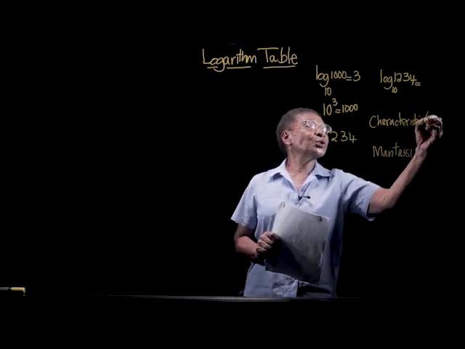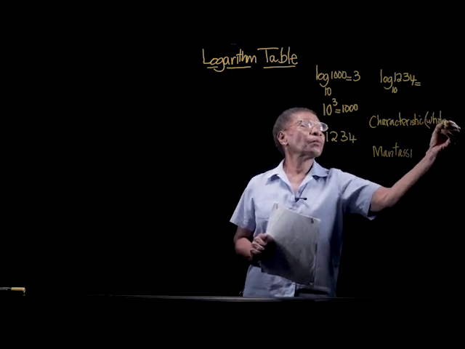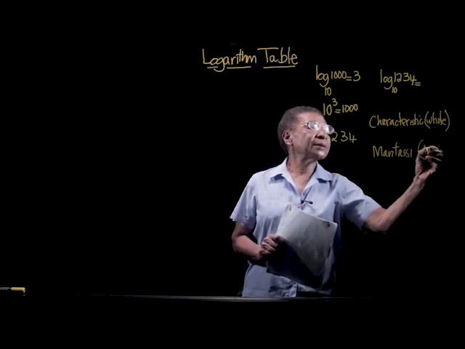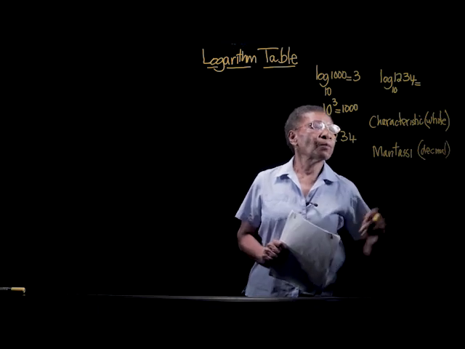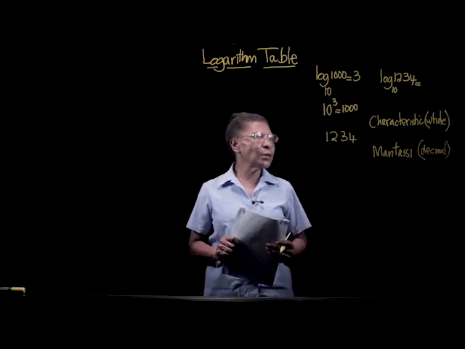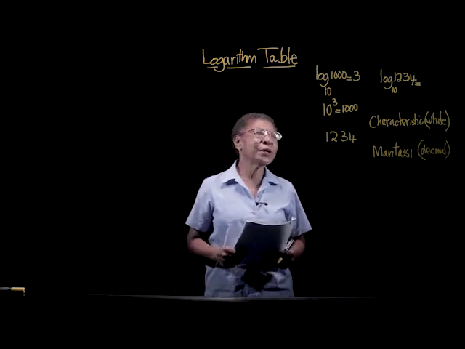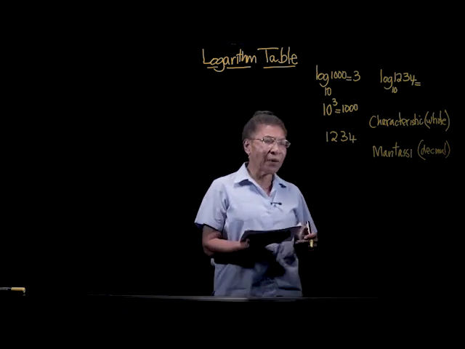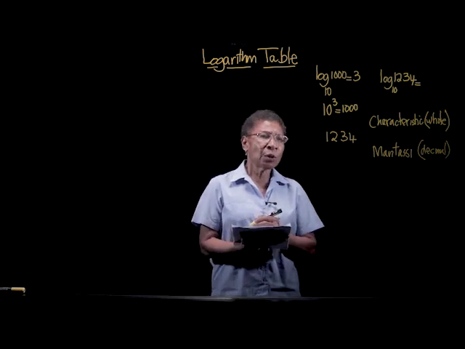I would like to use the characteristic as the whole number, and the mantissa as the decimal number. Looking at the whole number and the decimal number, what will I do with the log table in front of me? I need to simplify my 1,234.